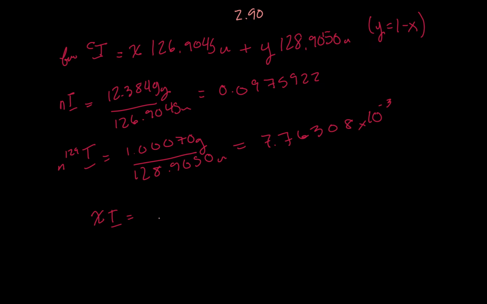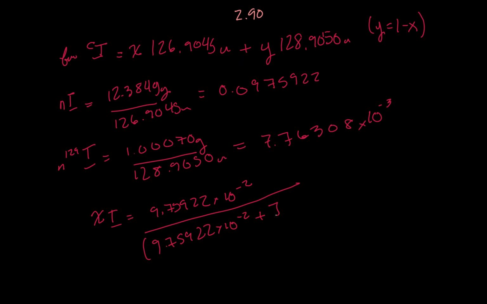Okay, so this is 9.75922 times 10 to the negative 2, over this plus this: 9.75922 times 10 to the negative 2 plus 7.76308 times 10 to the negative 3.